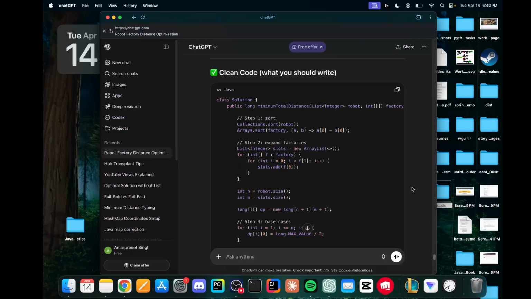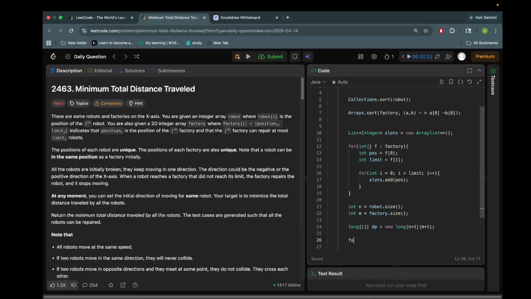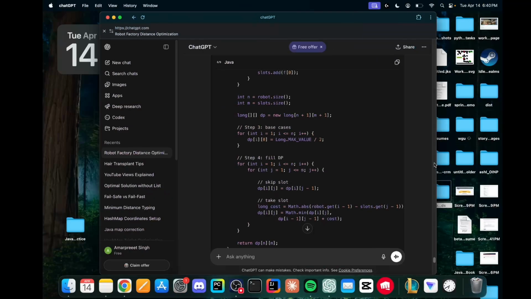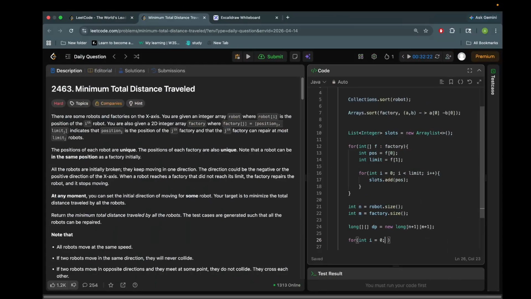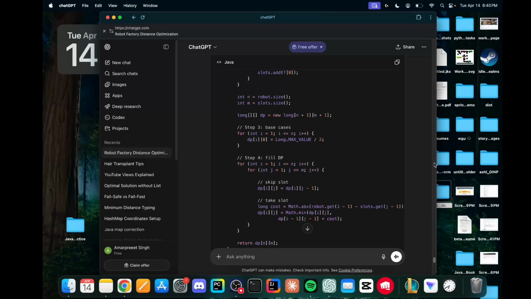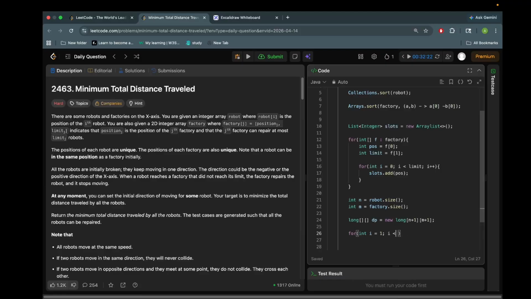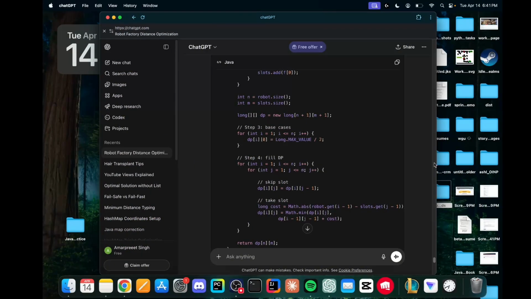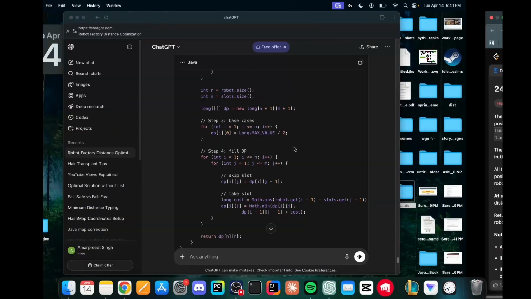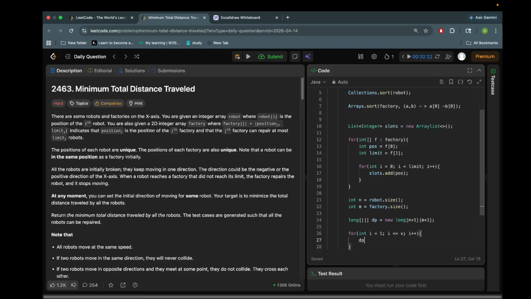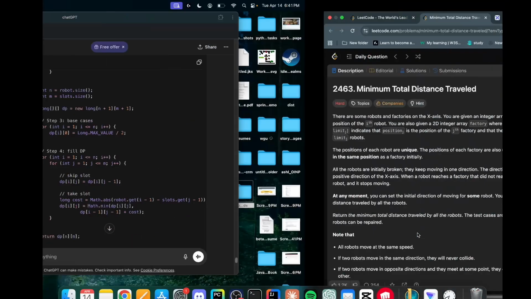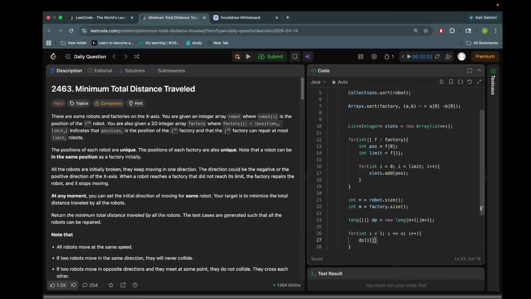So for the base case, i equals 1, i must be less than or equal to n, i plus plus, dp[i][0] for each robot, if there is no factory, is infinity.